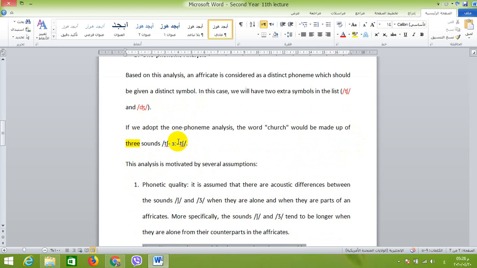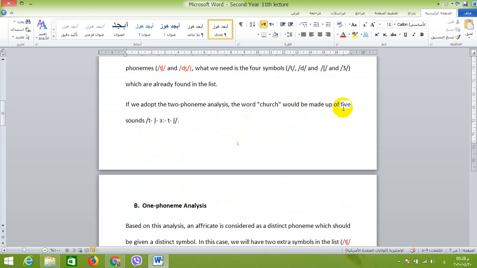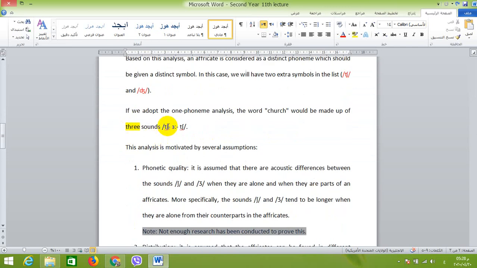Here, if we adopt this analysis, we are going to have only 3 sounds. Up there, we had 5 sounds. Now we have only 3, because ch is one phoneme, er is another phoneme, and ch is the third one. This is the difference between the two approaches, the two analyses.